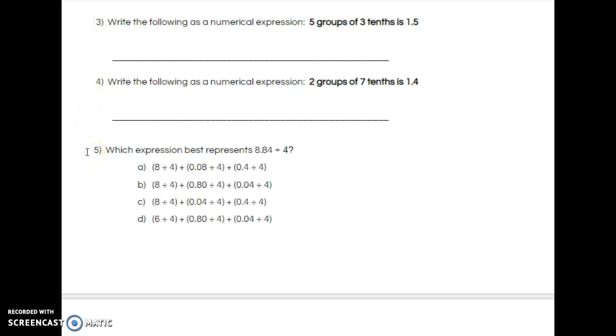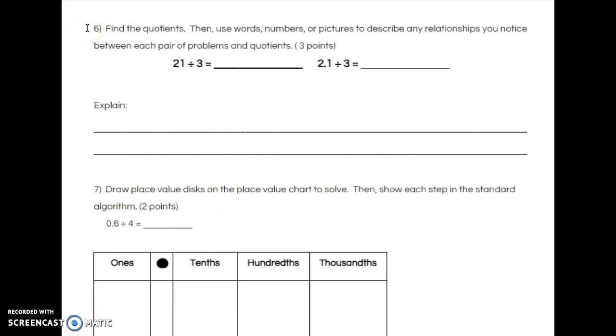Number 5. Which expression best represents 8 84 hundredths divided by 4? Number 6. Find the quotients.